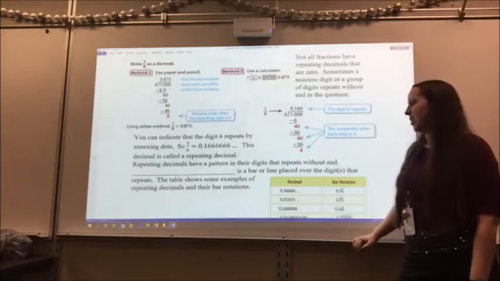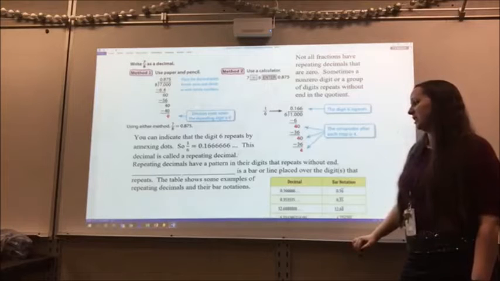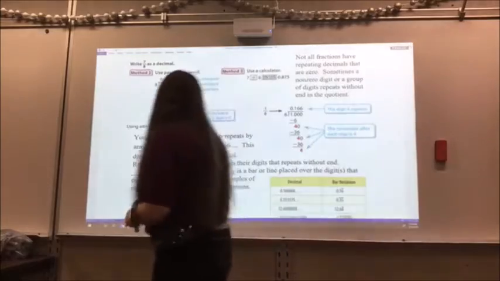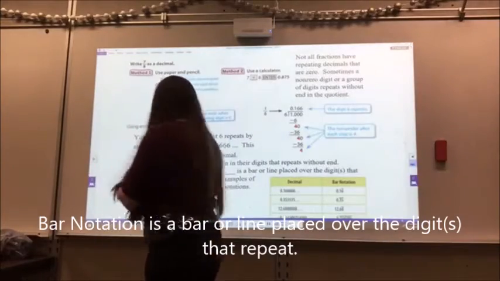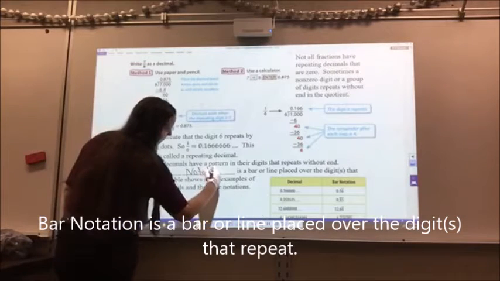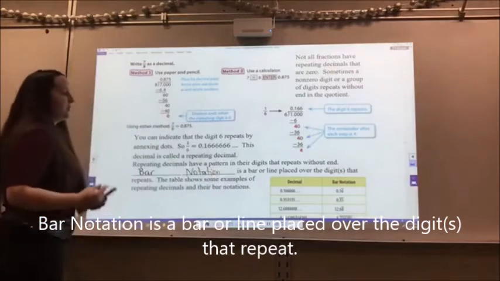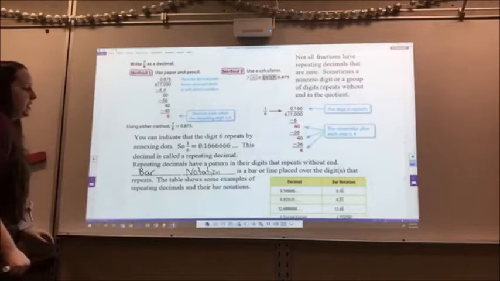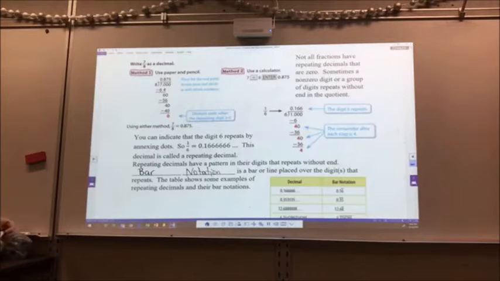Blank blank is a bar or line placed over the digit or digits that repeats. So in that blank, you're going to write bar notation. So bar notation is a bar or line placed over the digit or digits that repeat. The table shows some examples of repeating decimals and their bar notations.